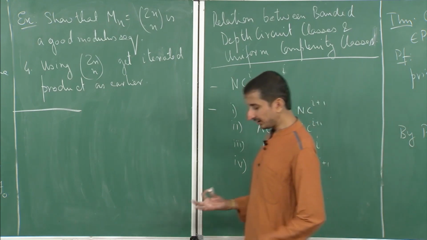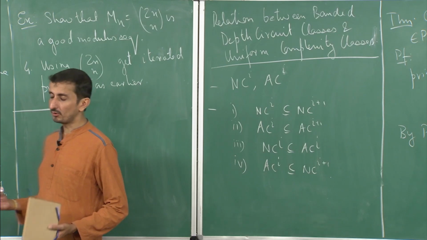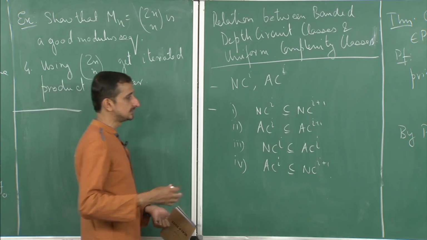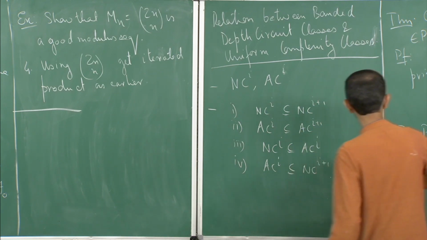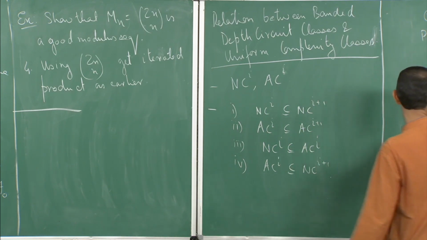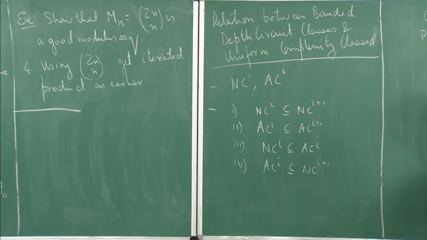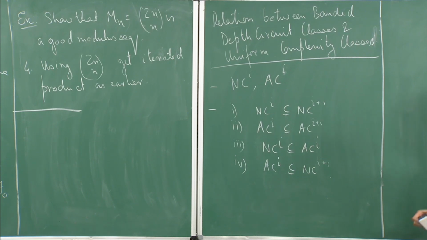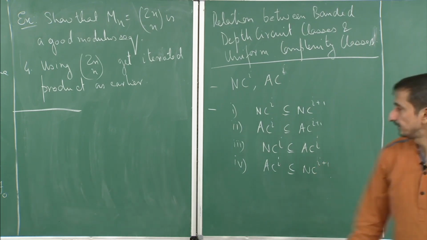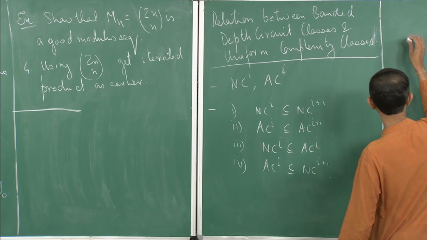Now, what are the relationships, I mean what relation do we know between these classes and other uniform classes? By uniform classes I mean classes such as P, maybe NP, or maybe some smaller classes. Okay. So, let me define these space bounded classes. So, again if you have had some exposure to complexity, you would know these classes, but for the sake of completeness I will just define them.